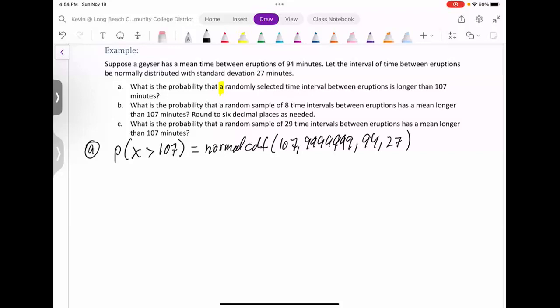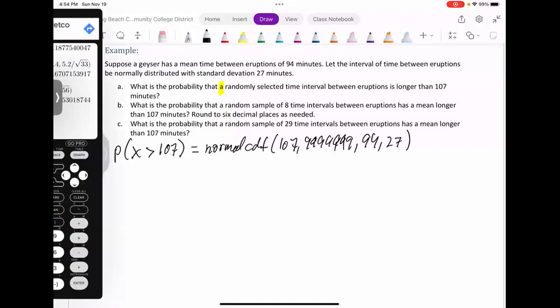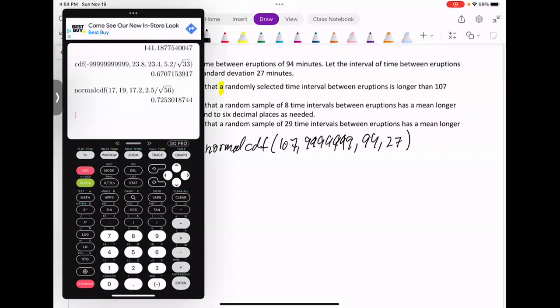Don't need to sweat. You could divide by square root of 1. You'll get the same thing. Normal CDF, 107, big number, 94 and 27. Okay. A 31.5% chance that it will take longer to erupt than 107 minutes.